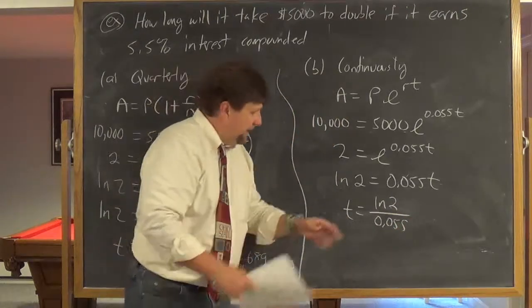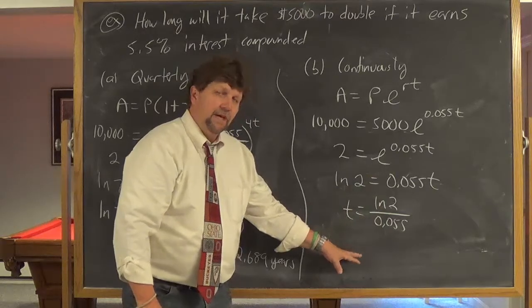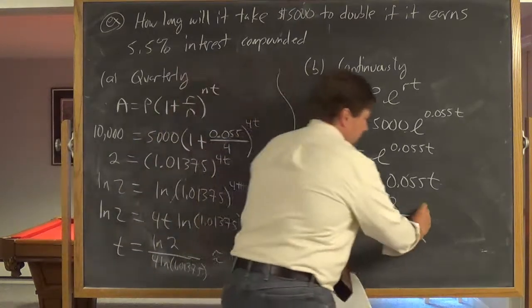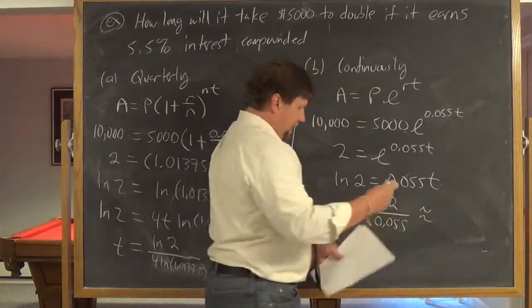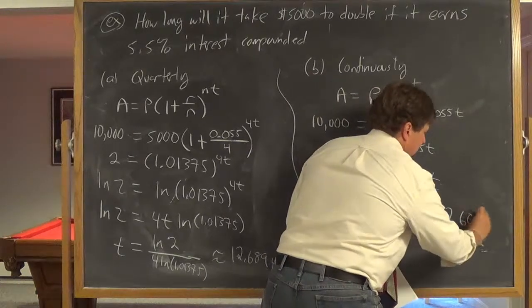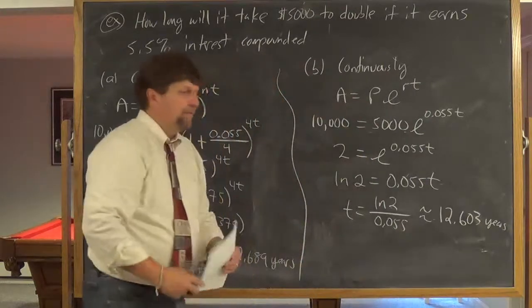And again, this is the exact solution. The approximation, fire up the calculator, natural log of 2 divided by 0.055, and you get t is about 12.603. And again, that's years.